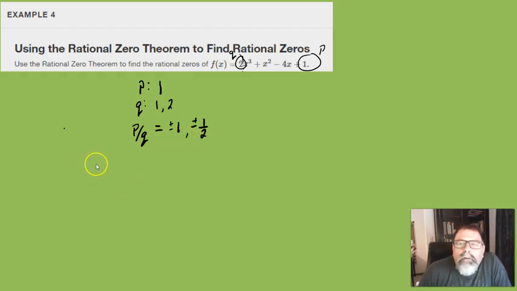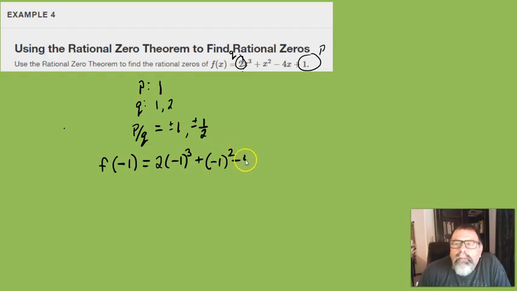possibilities. So to be zeros, we can do either synthetic division, or we could just plug it in by substitution and find out if it's equal to 0. So either way, you can use synthetic division, or, okay, let's plug in -1. So 2 times -1 to the third plus negative 1 squared minus 4 times negative 1 plus 1.